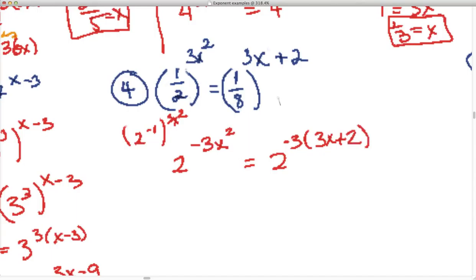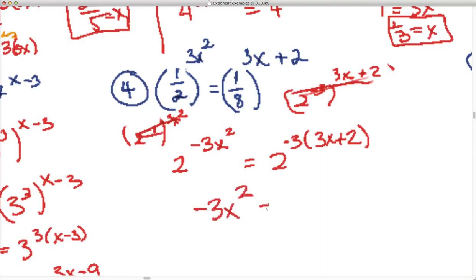And that was because that was 2 to the negative 3 raised to that 3x plus 2. So you multiply. So this step right here, you can do in your head if you want. That's fine. Like I said, and we'll always say, the more you do this, the more second nature it becomes, and you will end up doing more stuff in your head. So set the exponents equal to each other.